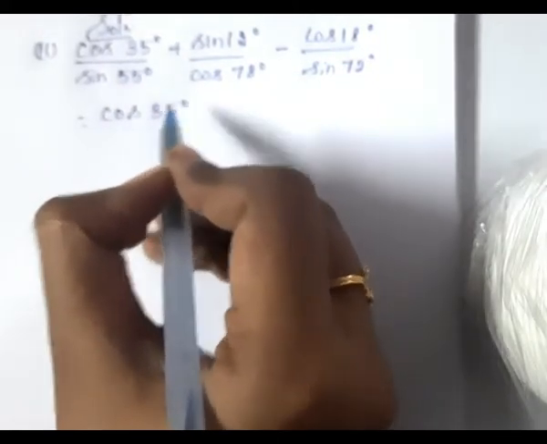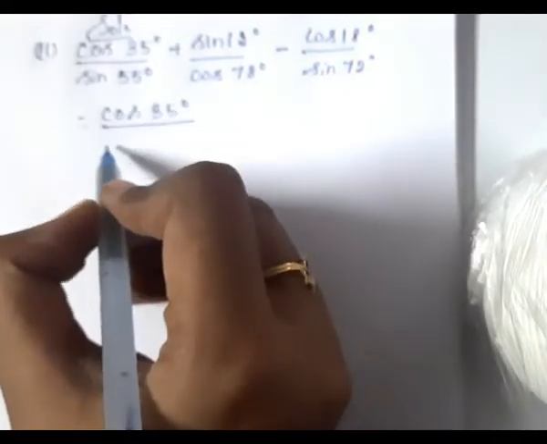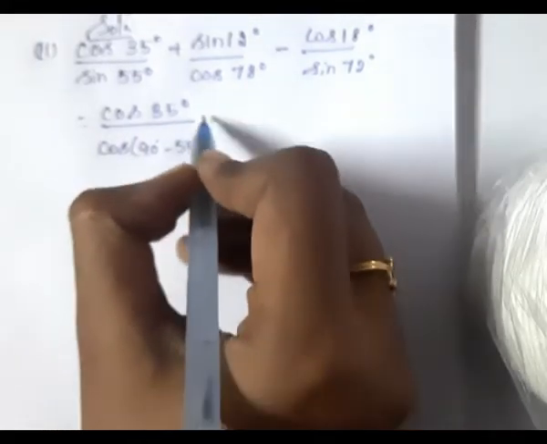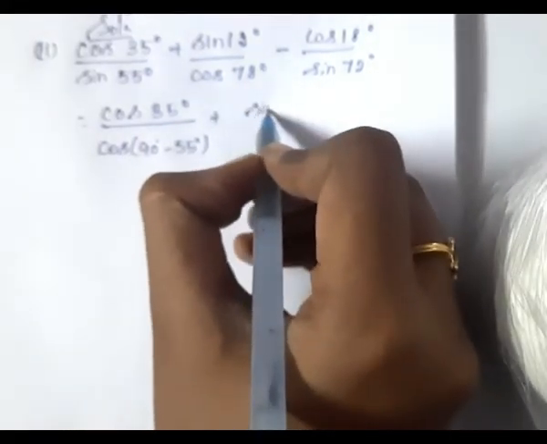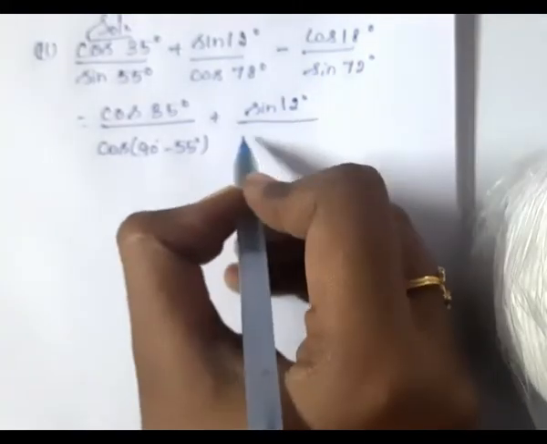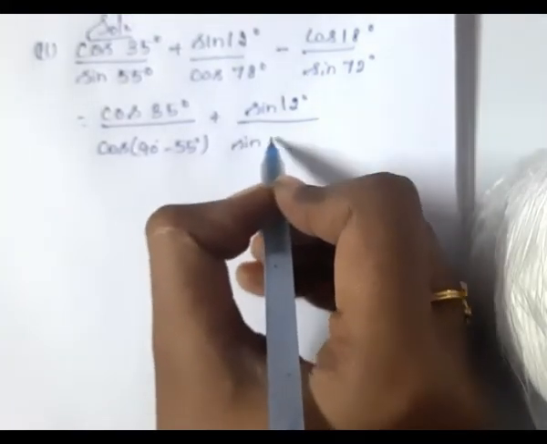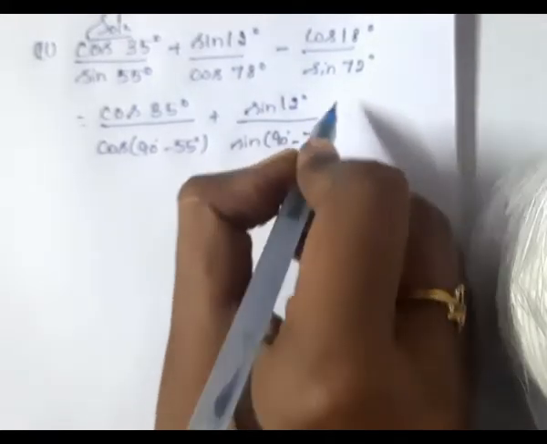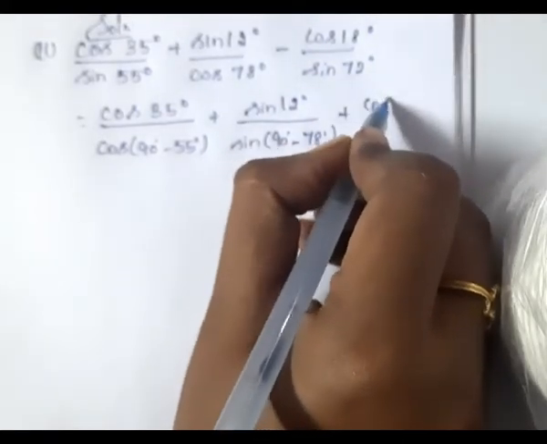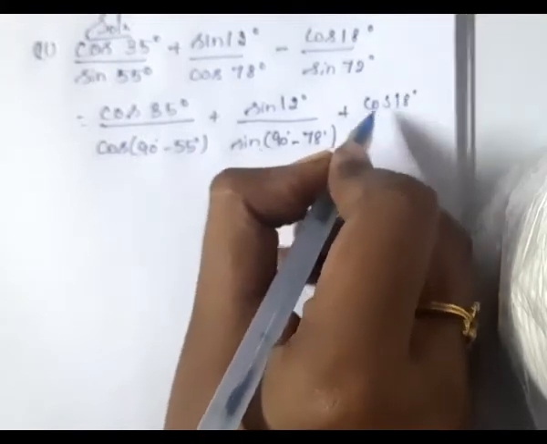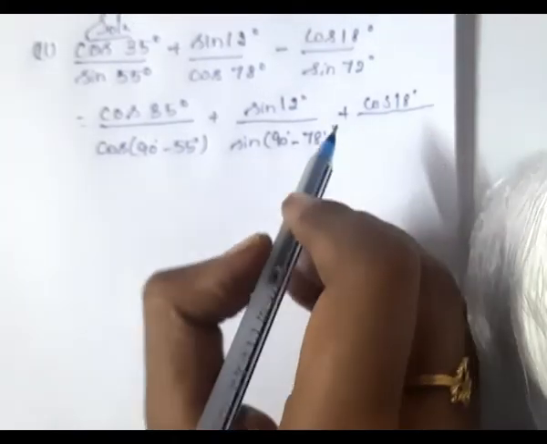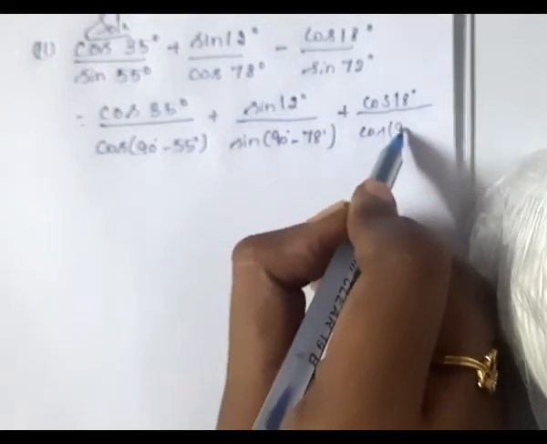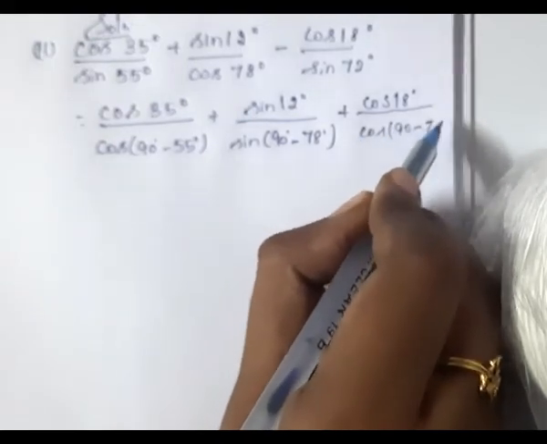Cos 35 degree by, you can change this as cos 90 degree minus 55, plus sin 12 degree by sin 90 minus 78, plus cos 18 degree by cos 90 minus 72.